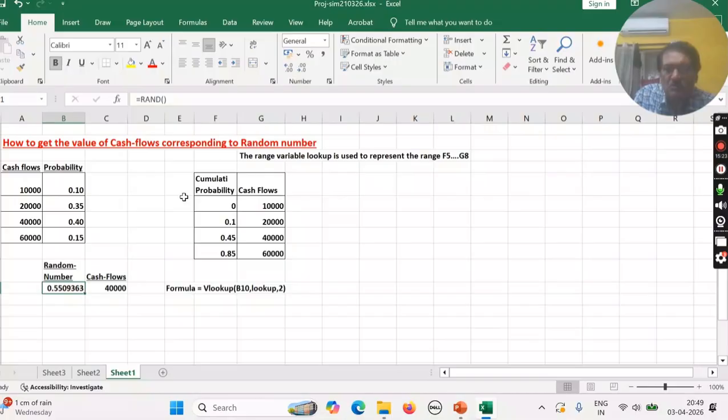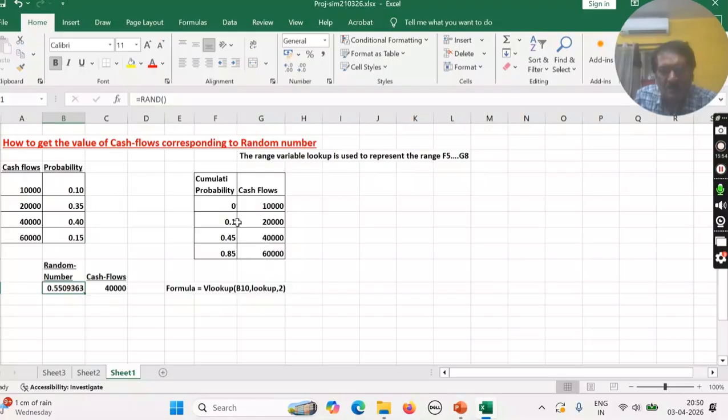How is it done? The same data I have done here with cumulation. Just to get the idea, I have not shown you the project life because it is similar to the cash flows. Only I have shown you the cash flows, how you will attach the probability with the random number. If you put it on this table, you can write it in this way.